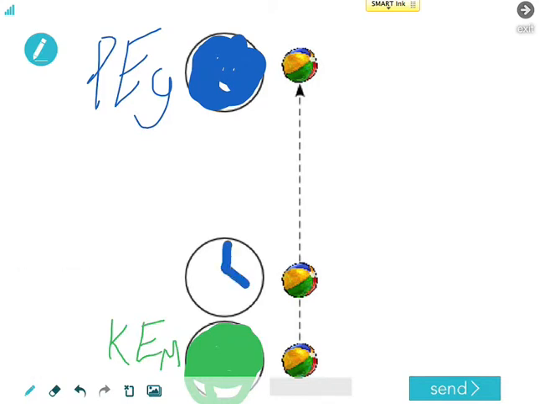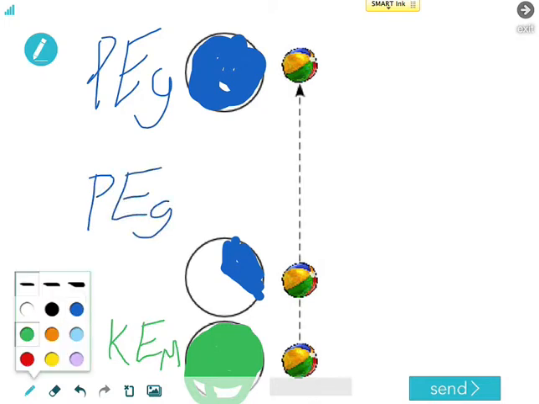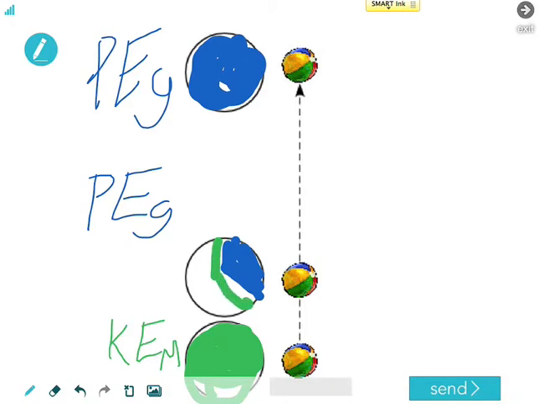Instead, we probably have about 1/3 potential gravitational energy, and maybe 2/3 kinetic mechanical energy.